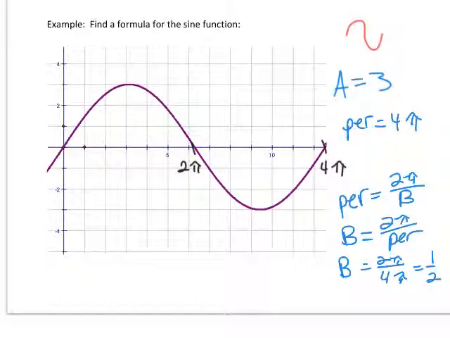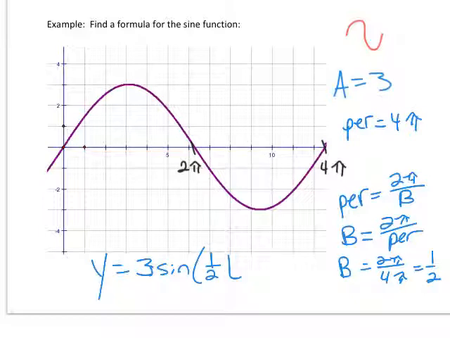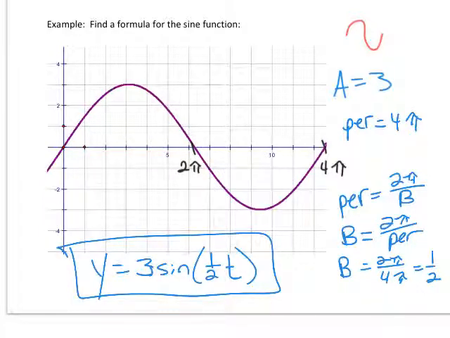If your period length is in terms of pi, your b value will not be in terms of pi, and vice versa. So my final answer here is y is equal to 3 times the sine. Let me fix that, it looks messy. 3 times the sine of 1/2 t or x or whatever you want to call it. There you go.